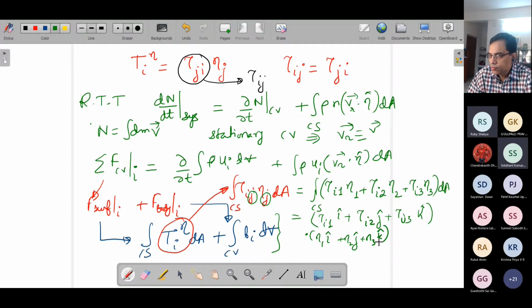So in the process, what we have done is, if you see these expressions, this is the eta vector in terms of the three direction cosines, eta 1, eta 2 and eta 3. This is a new vector.